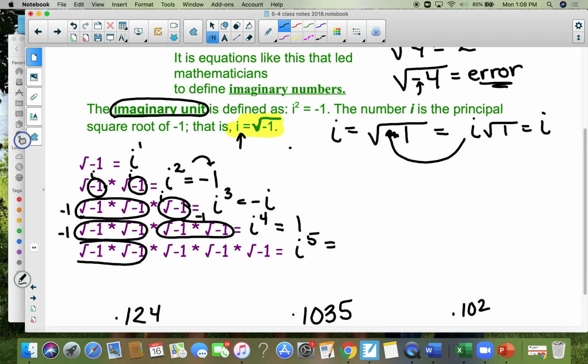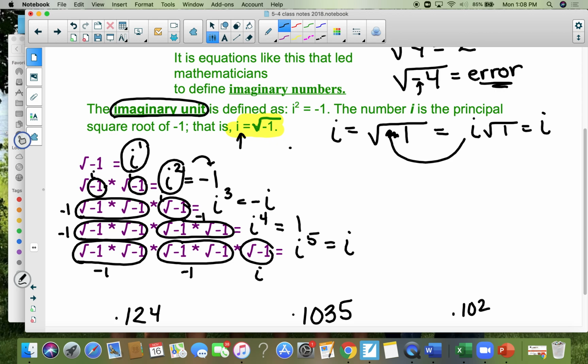Two of them equal a negative 1. Two of them equal a negative 1. And one of them, which is right here, equals just an i.